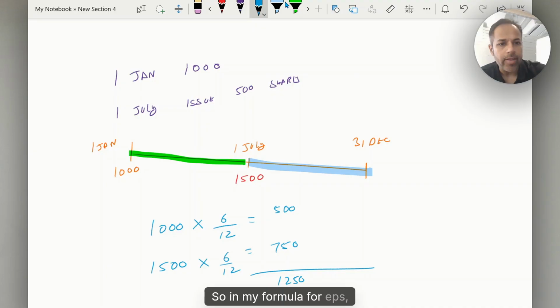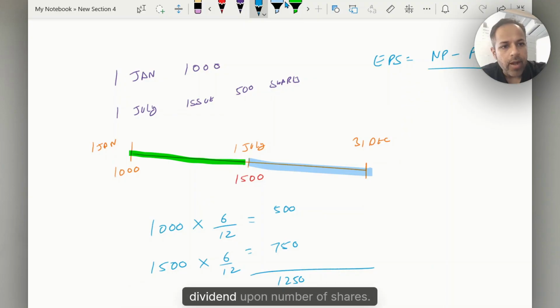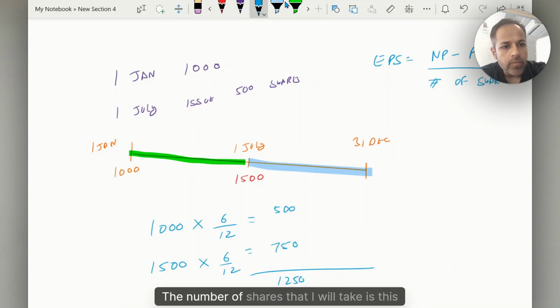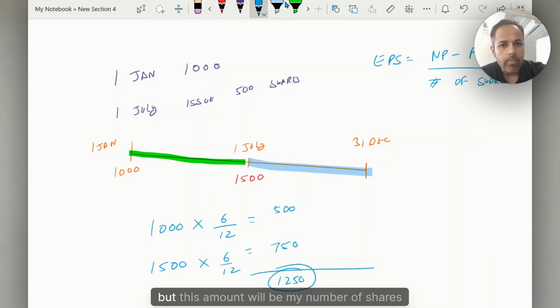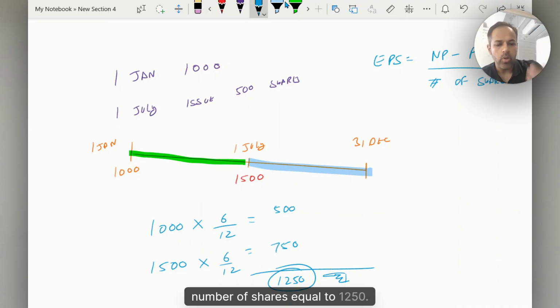In my formula for EPS, if you remember, it was net profit minus preference dividend upon number of shares. The number of shares that I will take is this amount, not 1500, but this amount will be my number of shares outstanding. So make sure that in this formula you put the number of shares equal to 1250. Hopefully this part is okay.